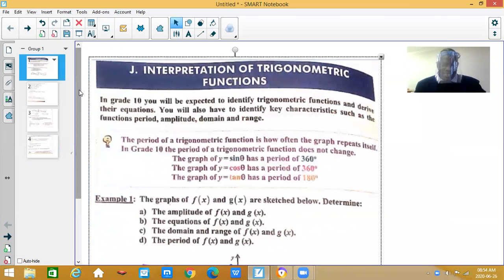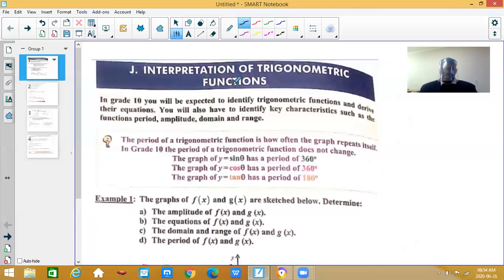Now, looking at this scenario that we have, in grade 10, we are expected to identify trigonometric graphs. That is, we identify trigonometric functions and derive their equations. We must be able to find the equations after identifying them.